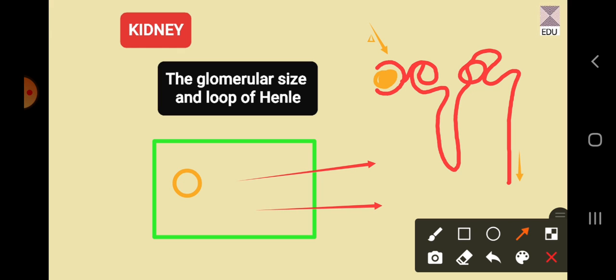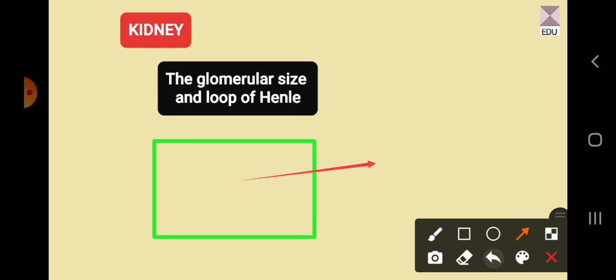If I take one situation, let's suppose an animal is living in hypotonic solutions. That means more water is coming towards the inside of the body. If the water is coming inside the body, what will be the glomerular size? It will be bigger in size.